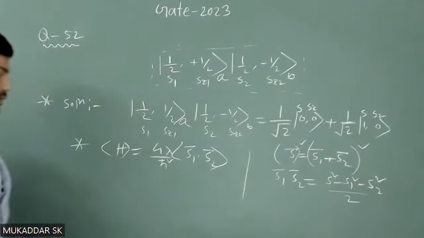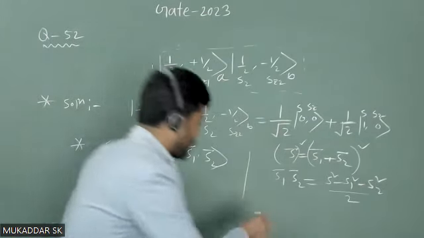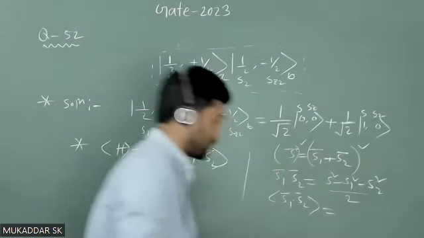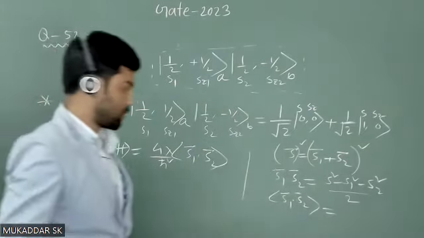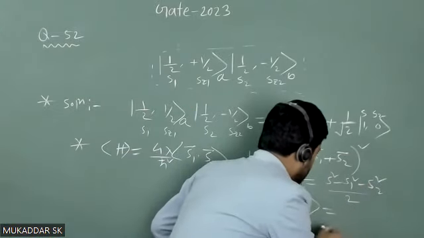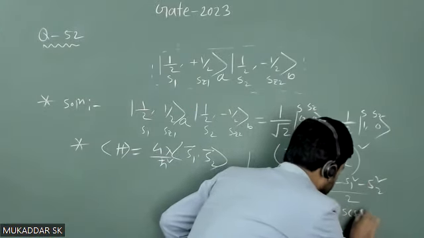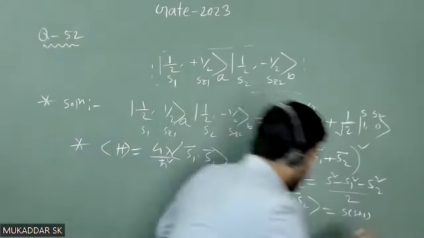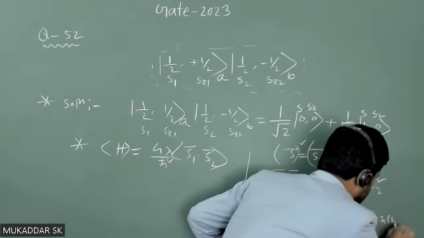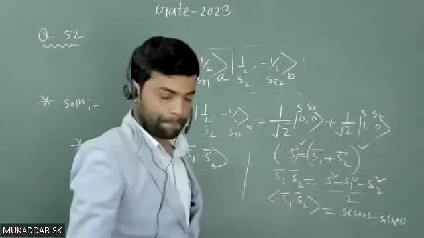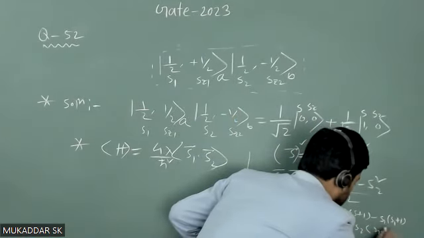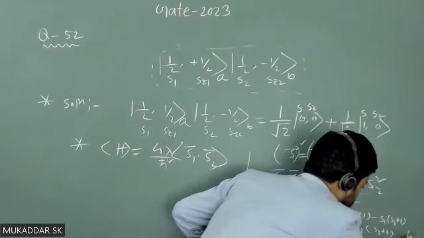Simple algebra. Now if I calculate the expectation value of S1 dot S2, the expectation value of S square is S into S plus 1; I'll write h cross square later because it will be common. Then we have S1 into S1 plus 1, minus S2 into S2 plus 1, times h cross square, divided by 2.